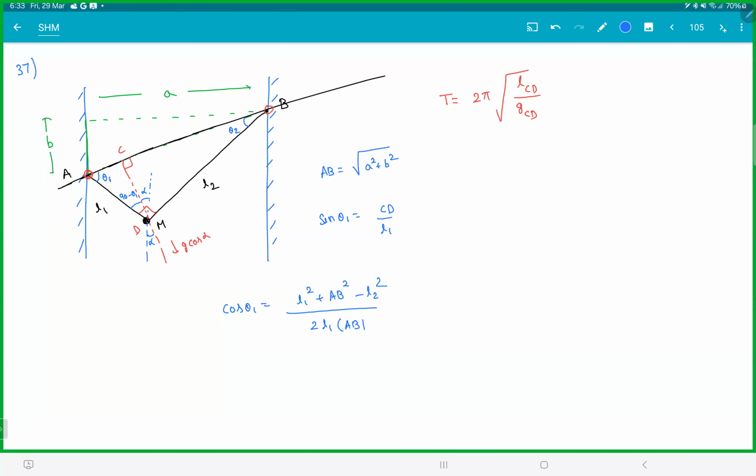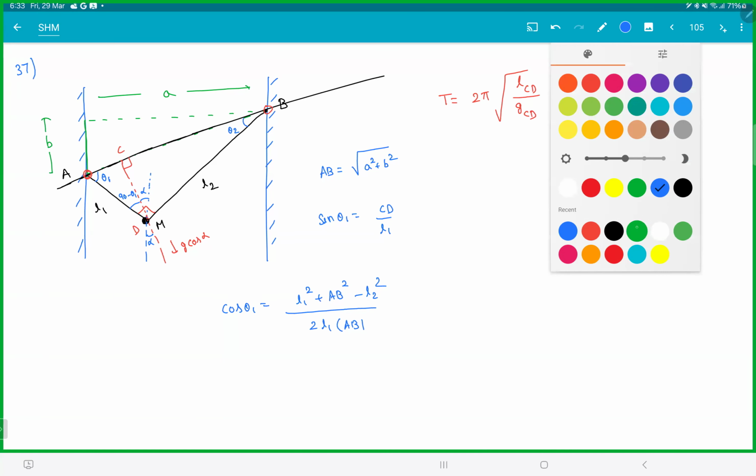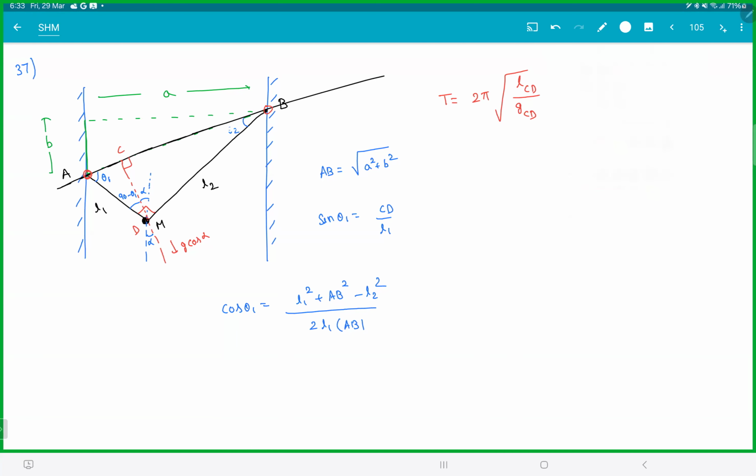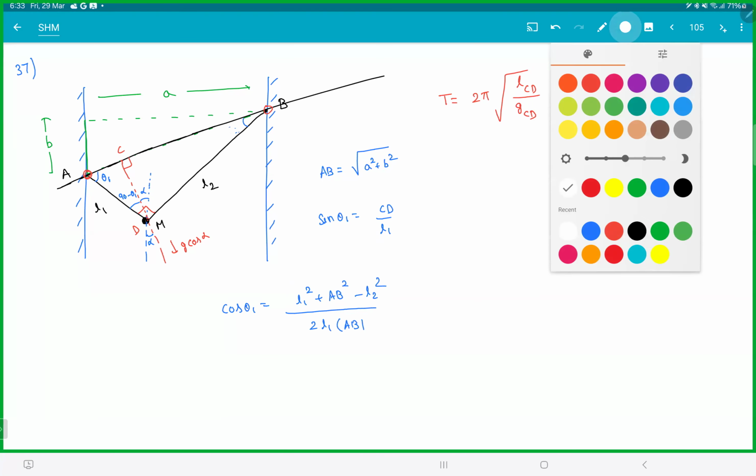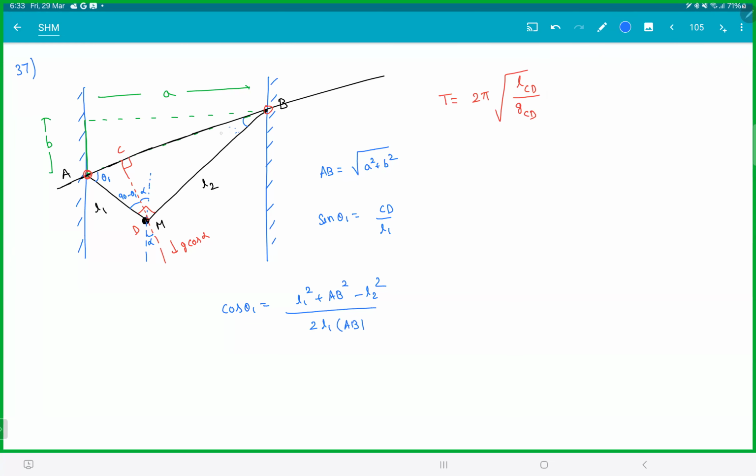This total angle is 90 minus theta 2. Wait, now why do I bring theta 2 actually? This will be 90 minus theta 1. Any ideas how to get alpha?